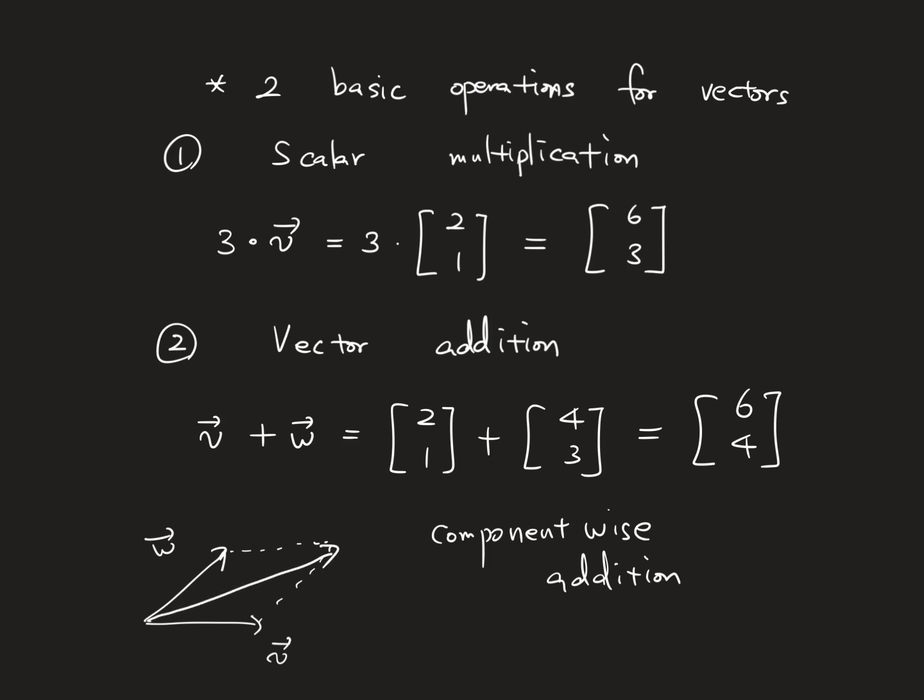This way of addition we call the parallelogram rule, because we have to draw the parallelogram, and the vertex of the parallelogram is the addition of the two sides. As you can see, the direction and also the magnitude usually change.